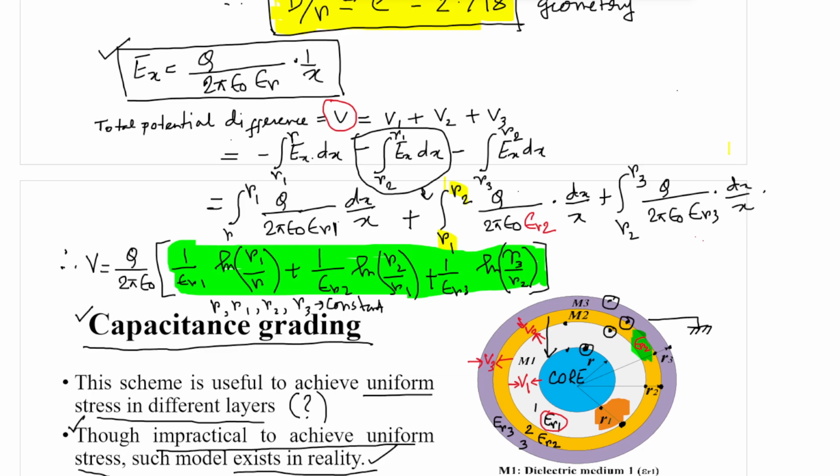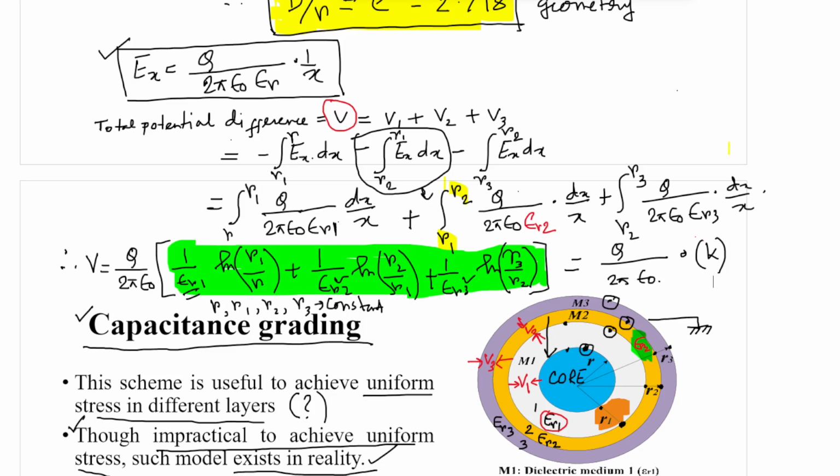Moreover, epsilon r1, epsilon r2 and epsilon r3 are also constant. So the entire expression inside the square bracket becomes constant. So we can write V is equal to Q by 2 pi epsilon 0 into some constant K.